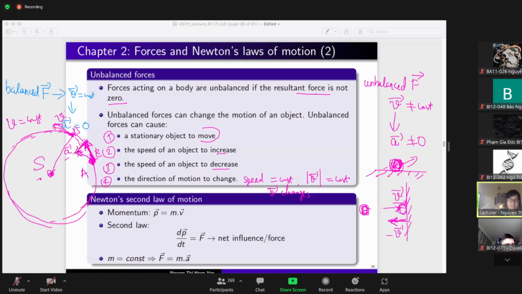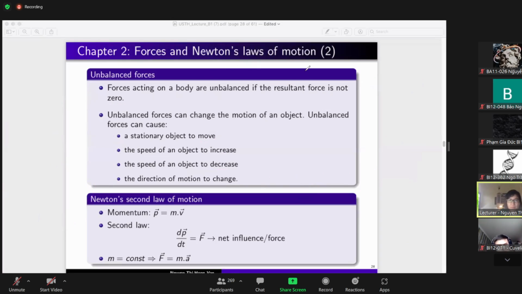The acceleration in this case is called the centripetal acceleration. One typical example. And of course, you have some specific situations in reality, but that depends. Okay, thank you very much.